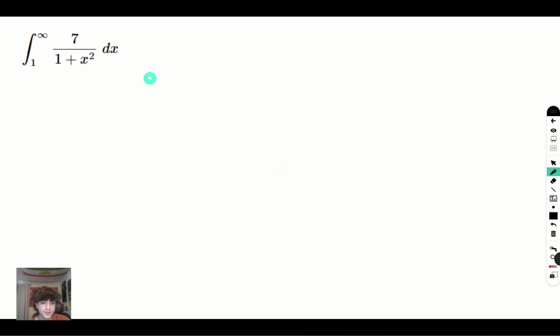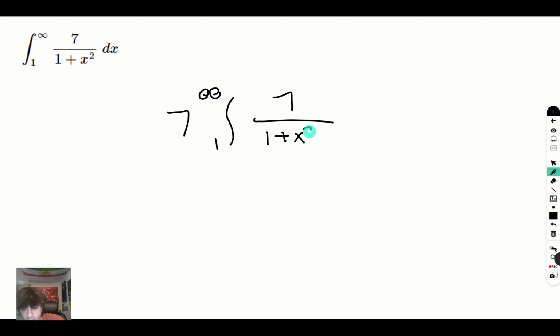Therefore, our next step is to find out what this finite value is. The way we can do this is through solving the improper integral. You get 7 times the integral from 1 to infinity of 1 over 1 plus x squared dx. Oh, there's no 7 here, this is a 1.